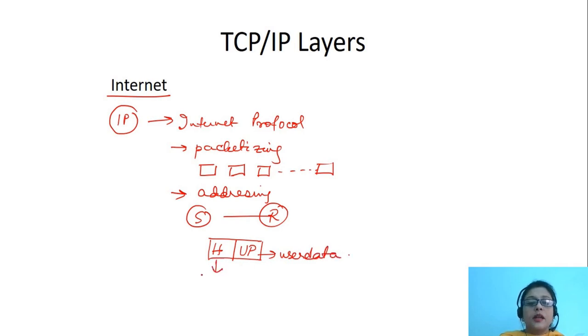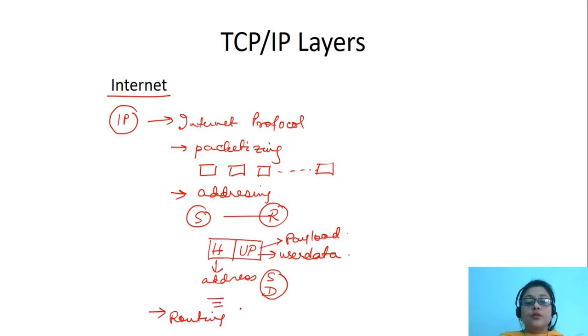The header part consists of the address of the source and the destination and other related fields, and the user data part consists of the payload. Now this is addressing. Next, routing of data also takes place in the internet layer using the Internet Protocol.